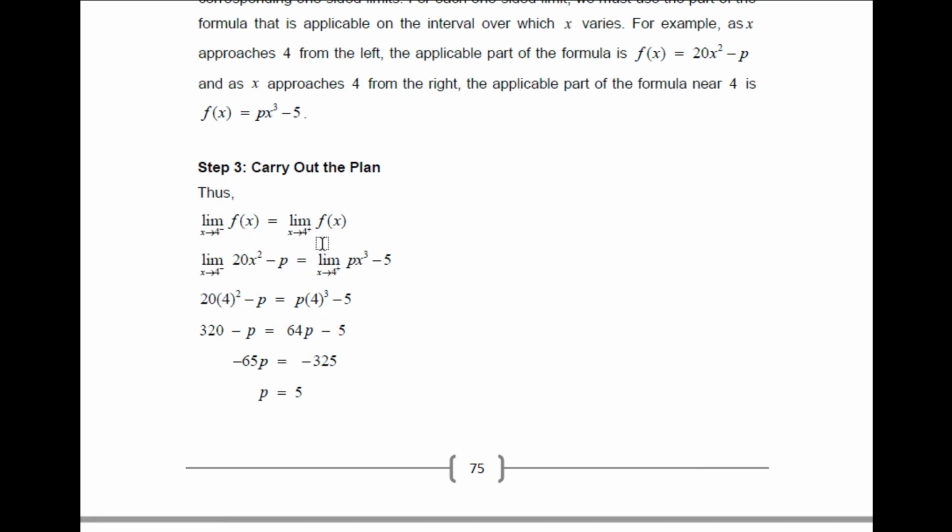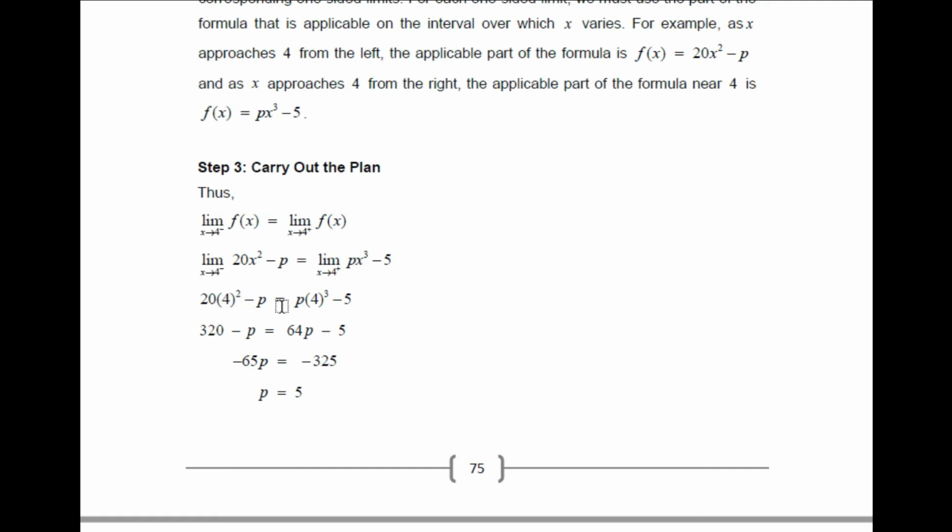And then for x approaches 4 from the right, the applicable part of the formula near 4 is px cubed minus 5. So we solve each of the limits, where we substitute the value of 4 into the formula.